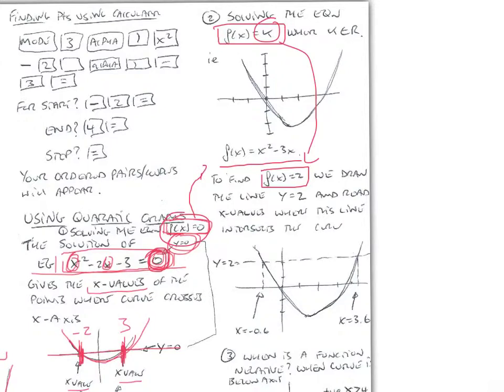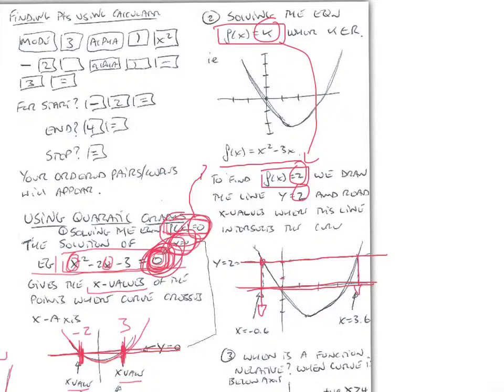Okay, so before we noted that when f of x equals 0, we just looked at where the graph cut when y was 0. Now we need to look where y is 2. So we go 1, 2, and we draw the line y is 2, and we note where on the x-axis that line cuts that graph.